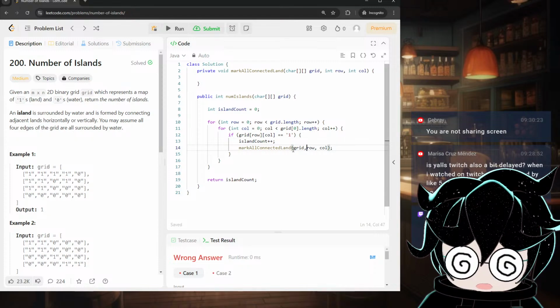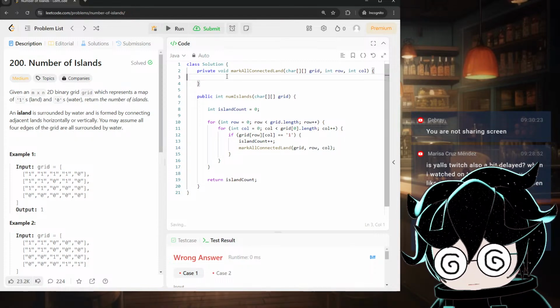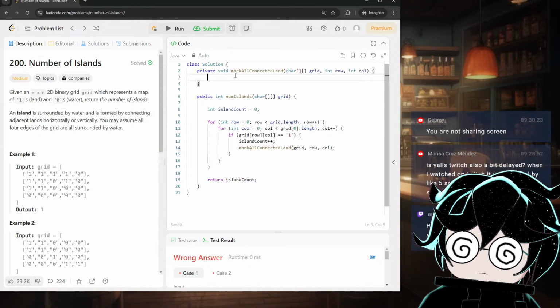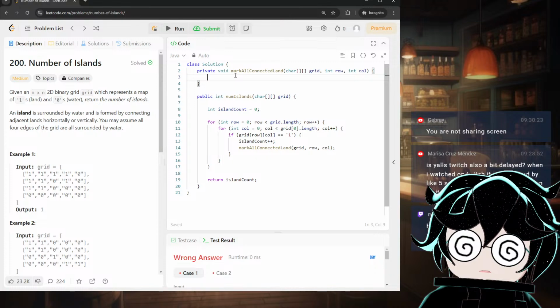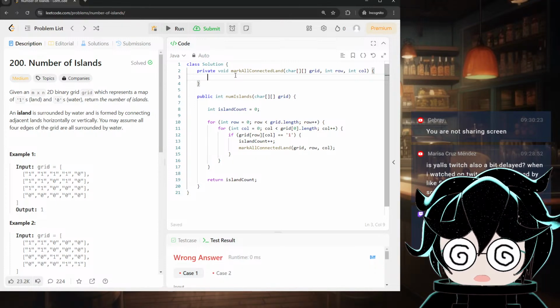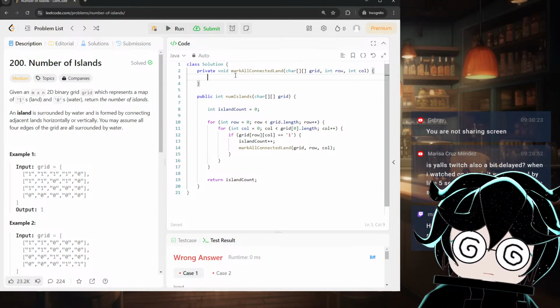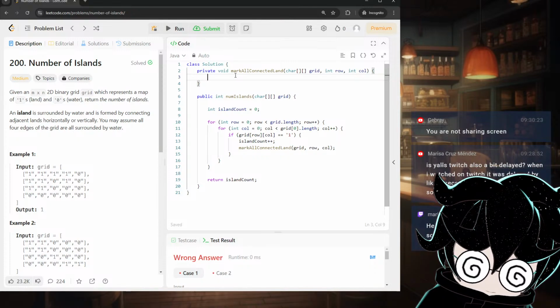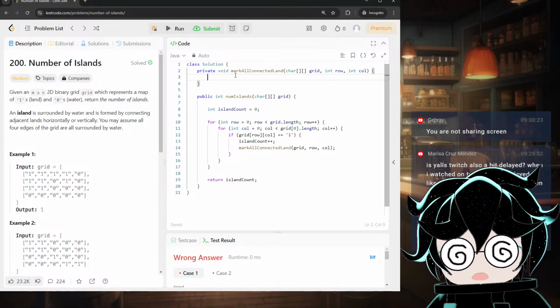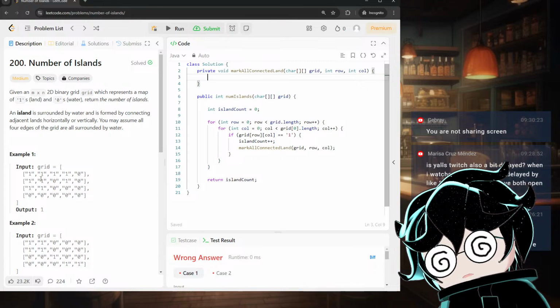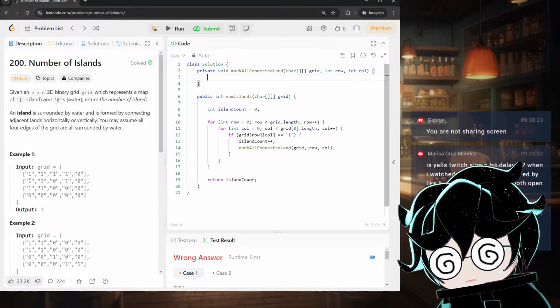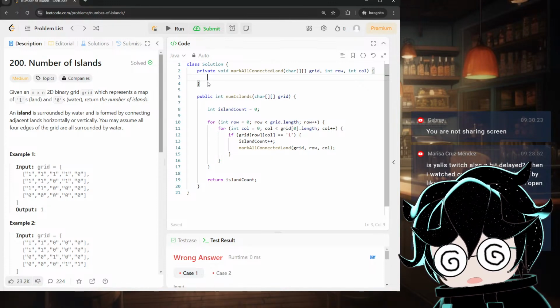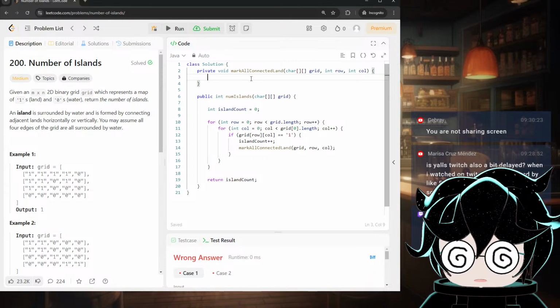Okay, how in the world do we do this? Some really simple cases are, if it's already 0, then we just don't do anything. And if it's 1, we need to look at the top, bottom, left, right. Okay.